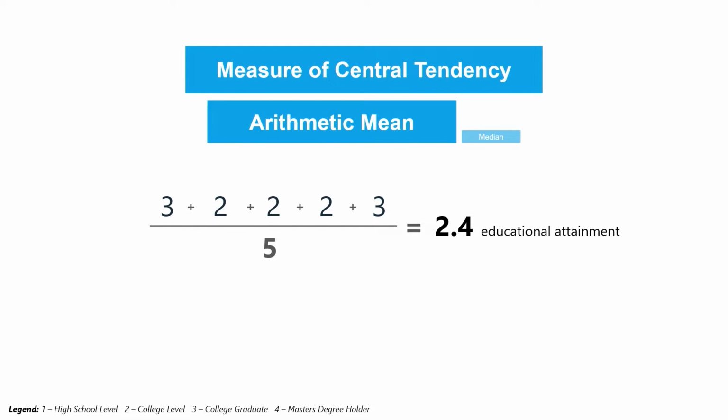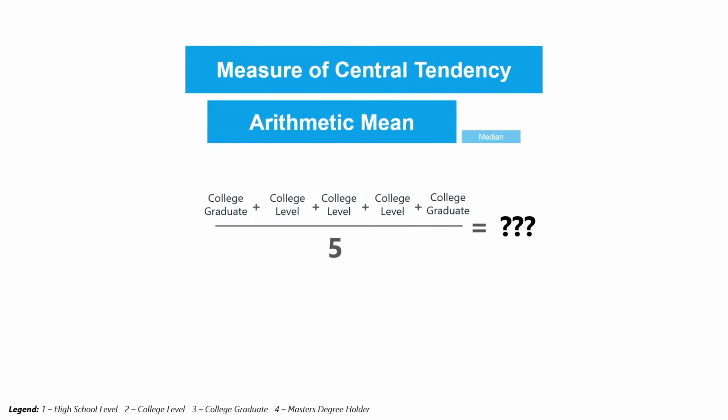What does a 2.4 educational attainment mean? A second-year college student? Basically, it is not clear to us what 2.4 educational attainment mean. Also, adding college graduate, college level, college level, college level, and college graduate does not make sense at all.